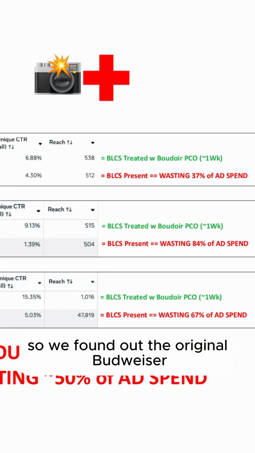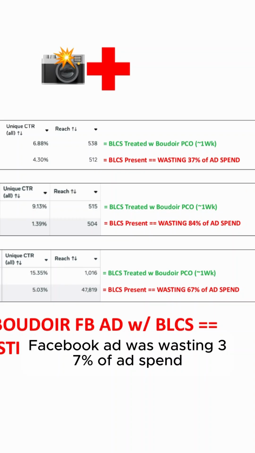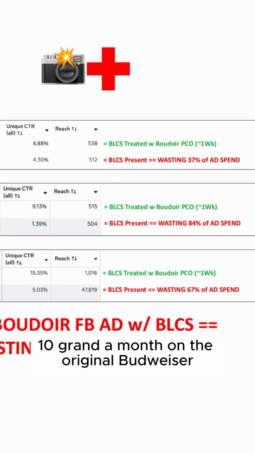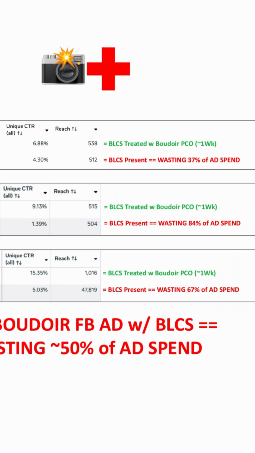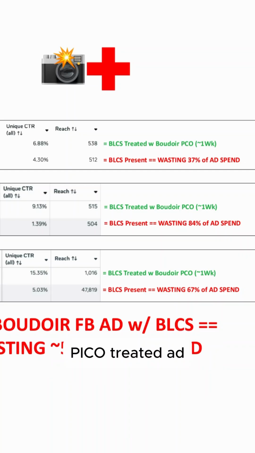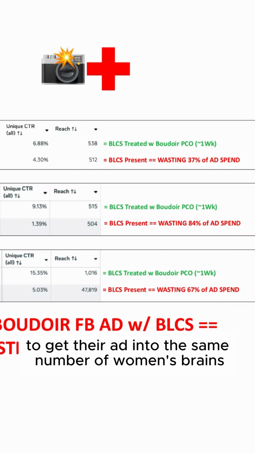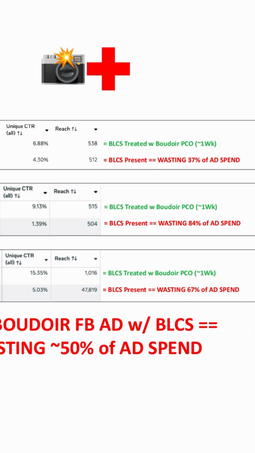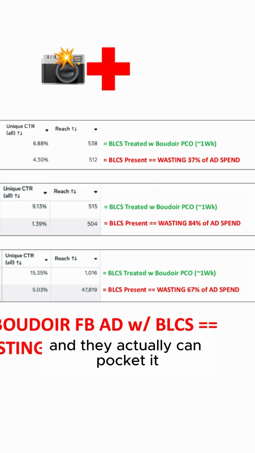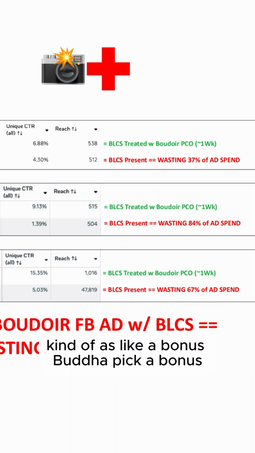So we found out the original Boudoir Facebook ad was wasting 37% of ad spend, which means that they're spending 10 grand a month on the original Boudoir Facebook ad. Now they only need to spend 6,300 bucks a month on the Boudoir Pico treated ad to get their ad into the same number of women's brains. And so they no longer have to spend that money, and they actually can pocket it kind of as like a bonus, Boudoir Pico bonus.